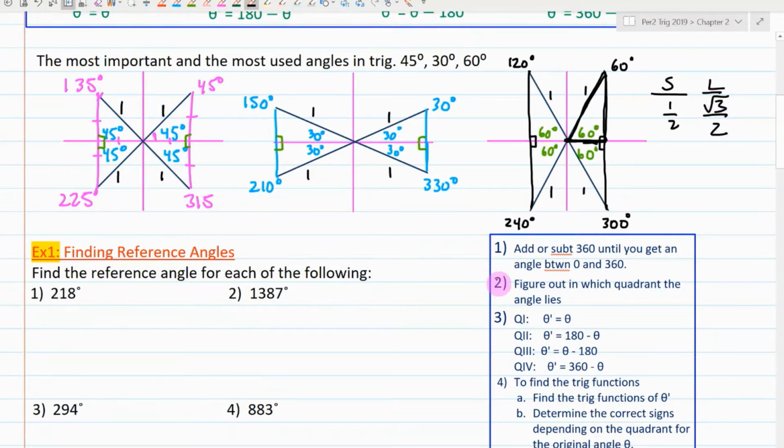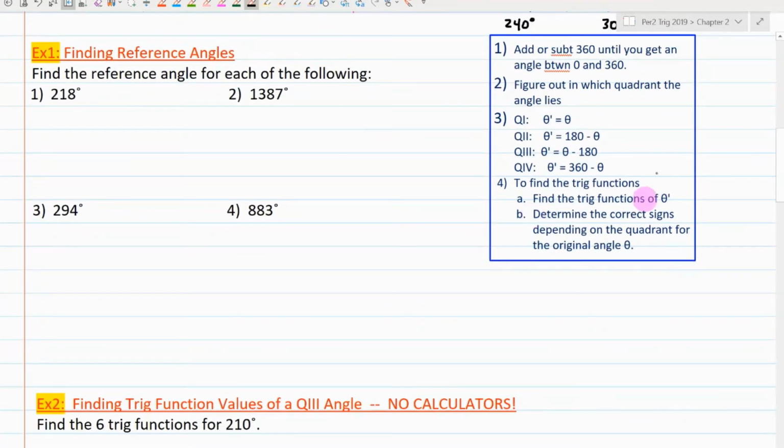All right, to find reference angles, you can follow all these if you want. I'm not going to go through all that. I'm just going to show you what I think is the easiest way of doing it. So I would draw a picture, and then I would draw where the 218 is. So 218, everything starts on the x-axis. 218 is past 180. So we're in quadrant 3.